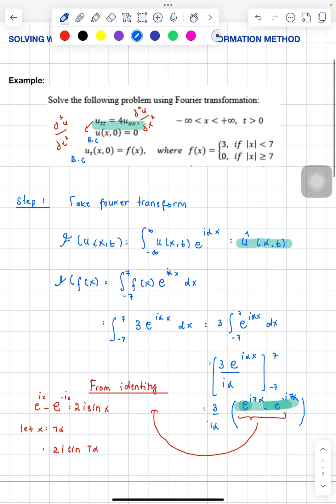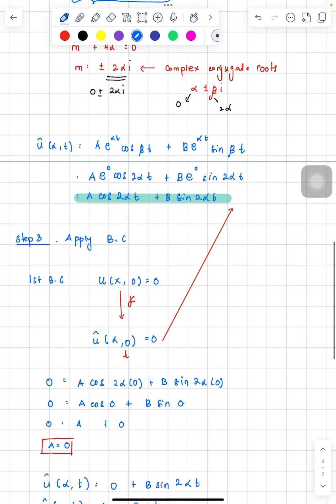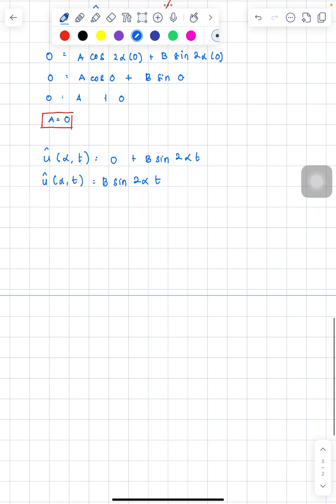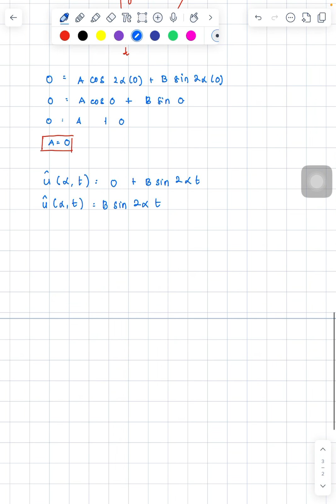And we have u_t(x, 0). Okay, so u_t(x,t), when we make it as Fourier transform, it becomes u hat_t.